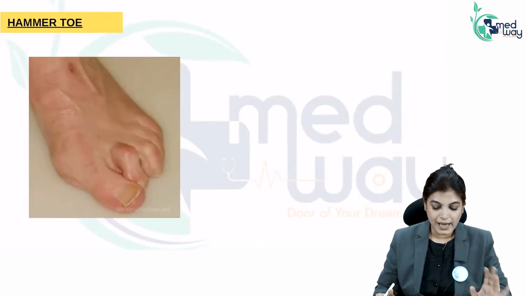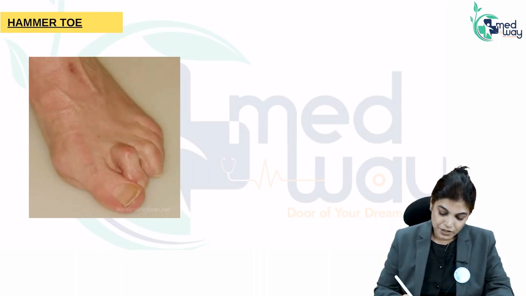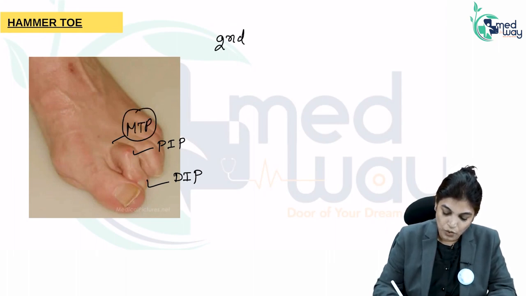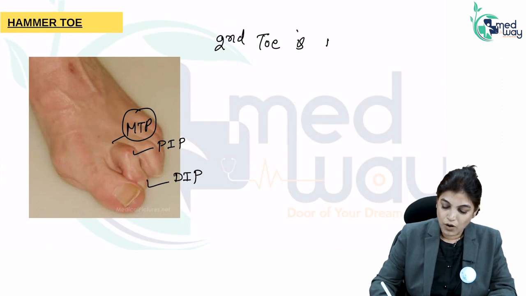The other condition is hammer toe. In case of hammer toe, you can see there is flexion at the proximal interphalangeal joint, but there is extension at the distal interphalangeal joint and the metatarsophalangeal joint. In hammer toe, generally the second toe is more commonly involved.